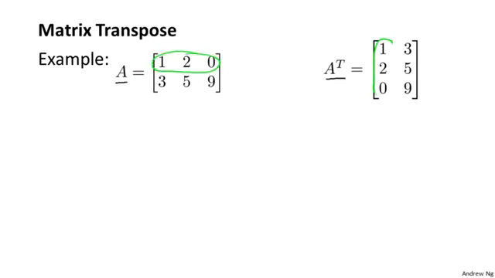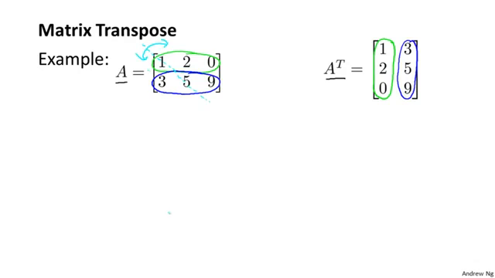That becomes the first column of the transpose. And then I'm going to take the second row of A, 3 5 9, and that becomes the second column of the matrix A transpose. Another way of thinking about how to compute the transpose is as if you're taking this sort of 45-degree axis and you're mirroring or flipping the matrix along that 45-degree axis.